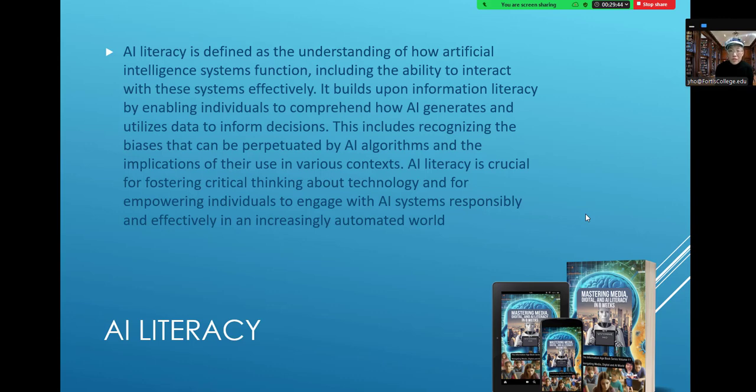So AI is filled with biases. I read an article where this guy put in a prompt, in the early stages of the text to picture generator. He put in, draw me a picture of an American business person or something like that. And it drew a picture of a businessman.